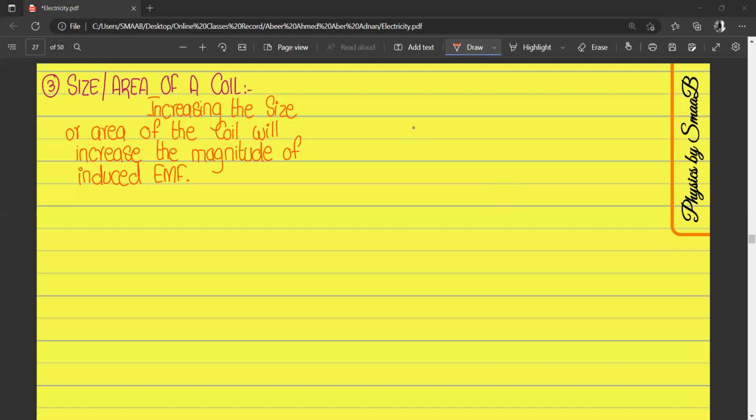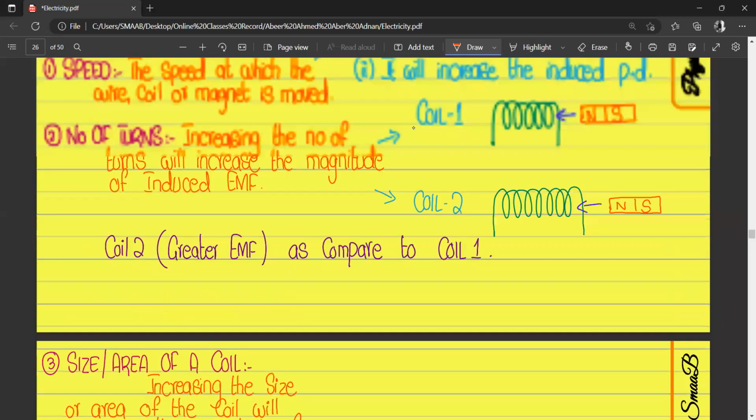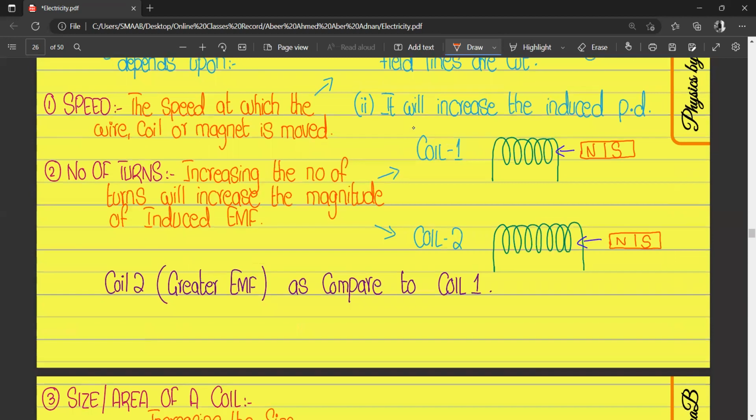There are two more factors. First, we discussed the speed that is related with the magnet or the conductor which we are moving in the field, and the other two factors are related with the nature of the wire, right? So, if we further think about the nature of the magnet, let's suppose there are two magnets, one is the weaker one and the second one is the strong magnet, right?